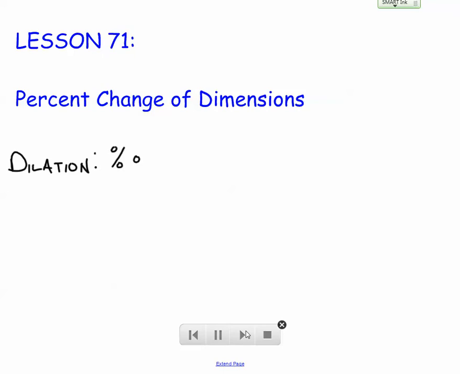A couple things to remember here is that on a dilation, the percentage of the original would be 100% plus the percent of increase.